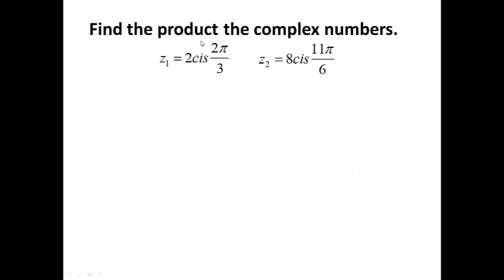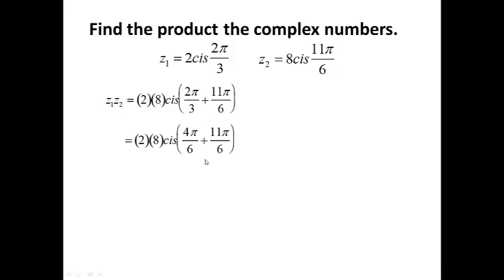So let's try one. Let's do z1 times z2, the product. I'm going to multiply the 2 and the 8 and add the two angles. So we're going to have 16 cis, and we're going to add these two. The only way I can add two fractions is to find a common denominator. This will turn into 4 pi over 6 plus 11 pi over 6. So that'll be 15 pi over 6. This reduces by 3, and you get 16 cis 5 pi over 2.